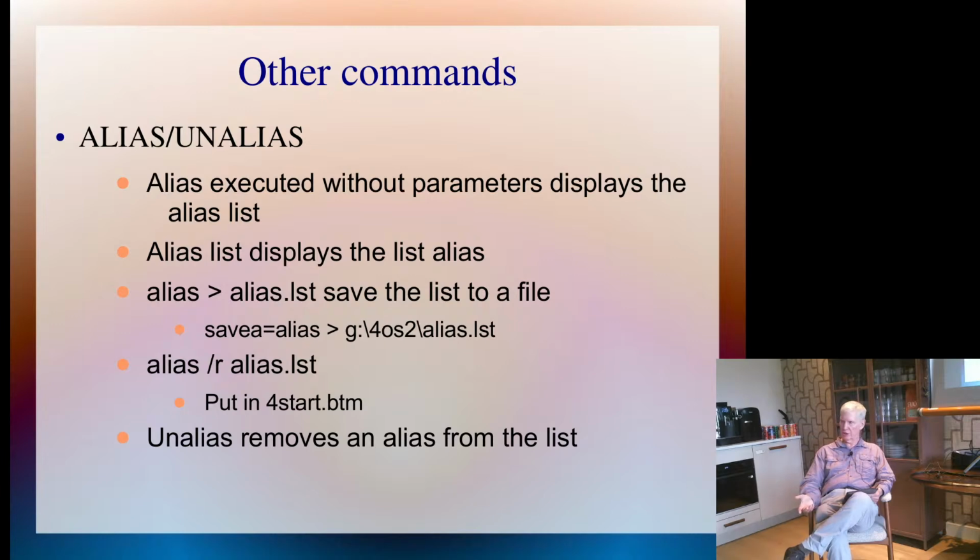Then if you want to display your alias list, you just have to type alias, and it displays the list. In my case, you pipe it through less. And as I said earlier, unalias removes the alias from the list. And then alias /r, followed by a name, could be any file name that you would like. I use alias.list.